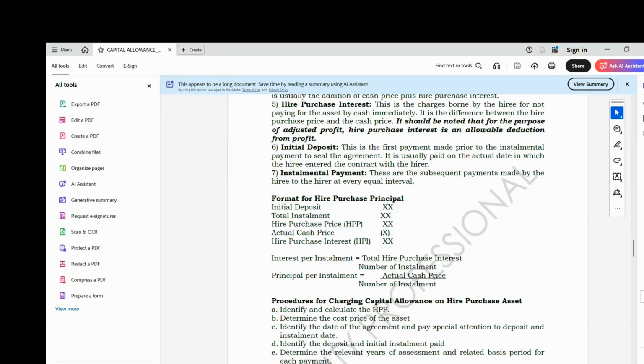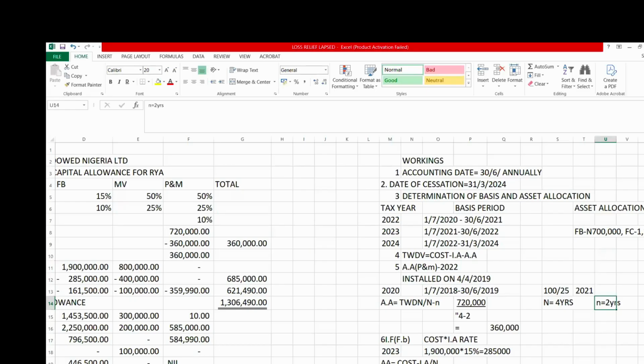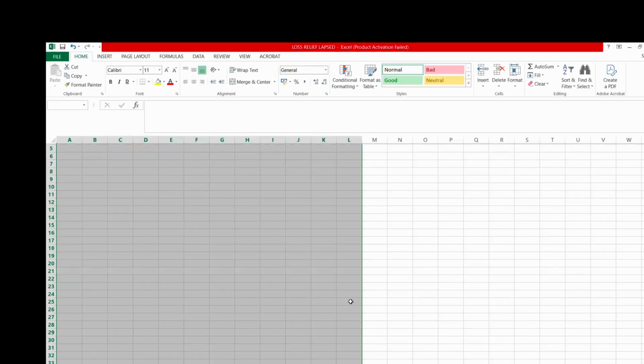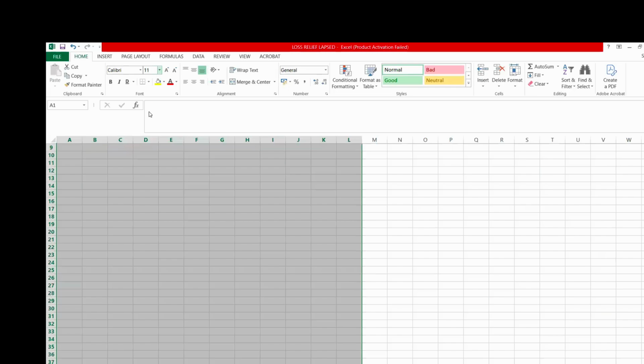So hire purchase price can be arrived at in two forms.